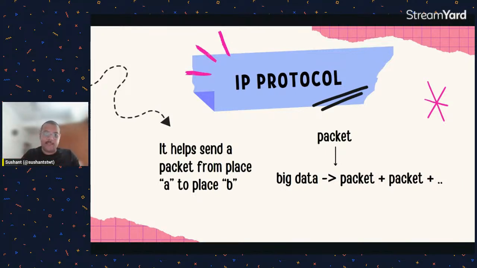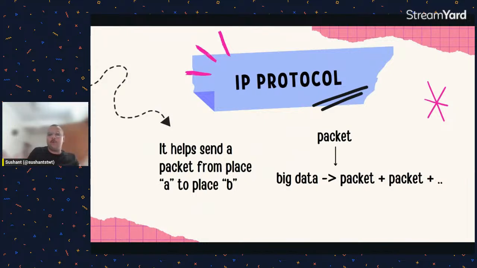Now, what are packets? If you are able to see my live stream right now, what is actually happening is not that my whole image is taken in one sip and sent to your computer. My image is broken down into pieces, and those pieces are then transmitted. So big data is broken down into chunks and then sent to you.